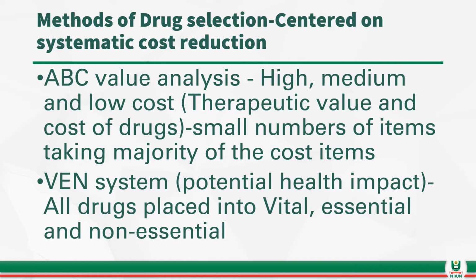One is the ABC value analysis, and the second one is the VEN system. The ABC value analysis focuses on the A, the B, and C. A simply means the high cost of such drug, B medium cost, C is the low cost. You categorize these drugs according to high cost, low cost, and medium cost.